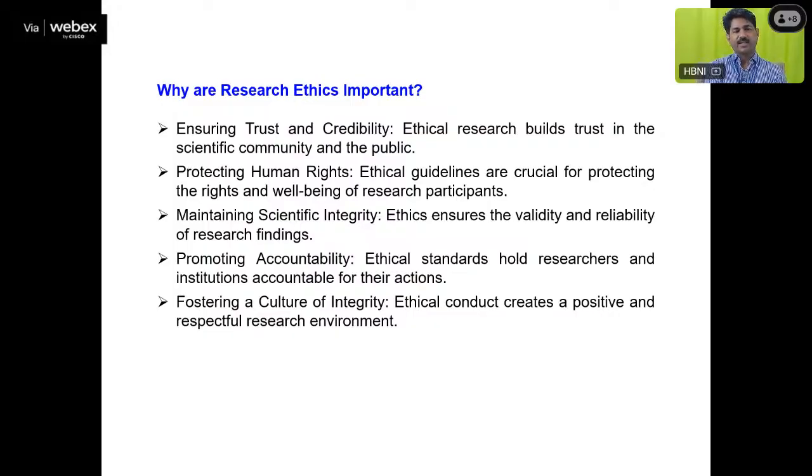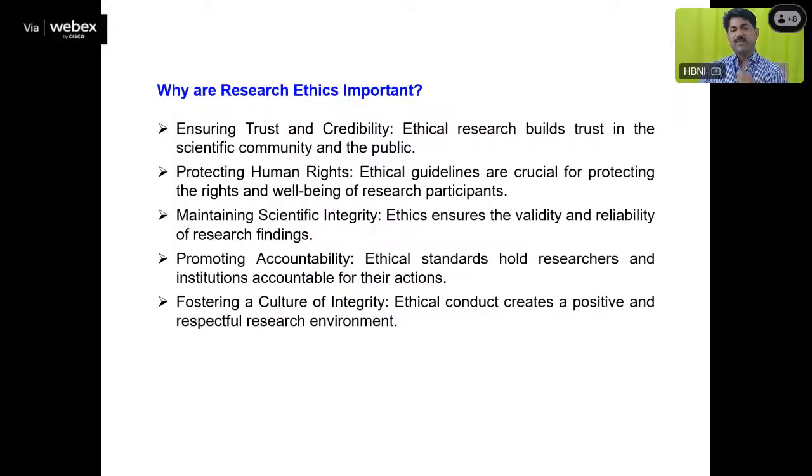So if ethical standards are followed, we will not just go on repeating many things. We can plan things properly so that unnecessary expenditure can be minimized by following various ethical standards. And also fostering a culture of integrity. Ethical conduct creates a positive and respectful research environment. If all the ethical standards are in place, a respectful environment will be created around you.